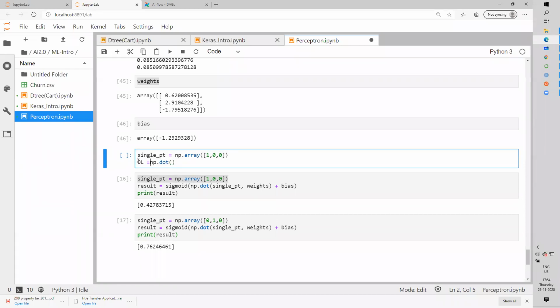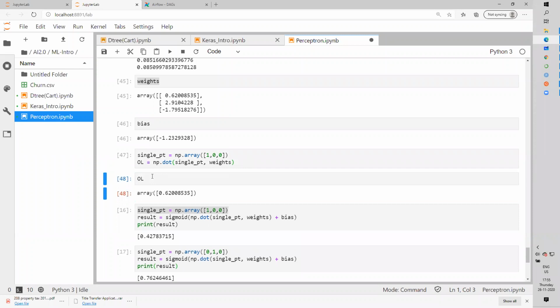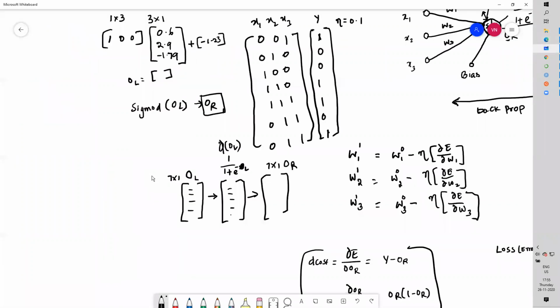Output on the left hand side is equal to np dot of single underscore pt comma weights, our final weights, not the initial weights. These are the weights that we are going to use to compute. So it would give us a value, and let's print that value. This is 0.620.